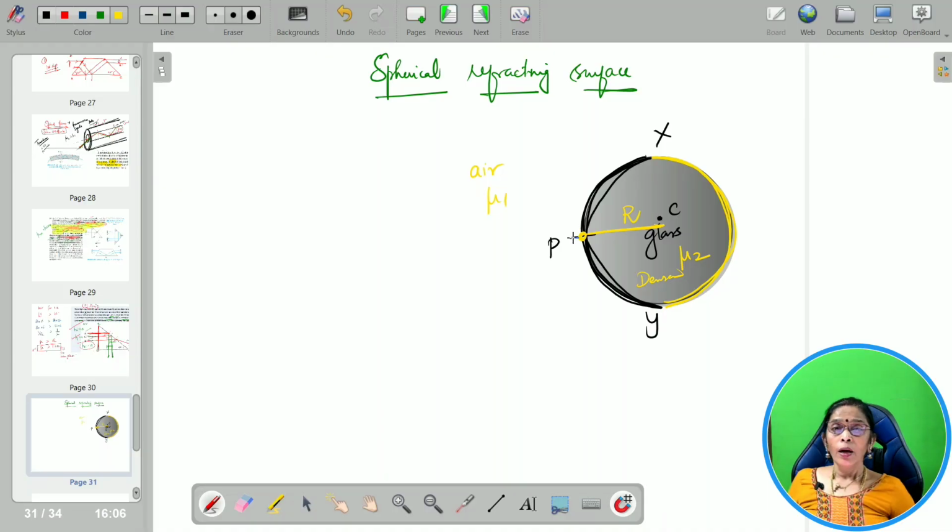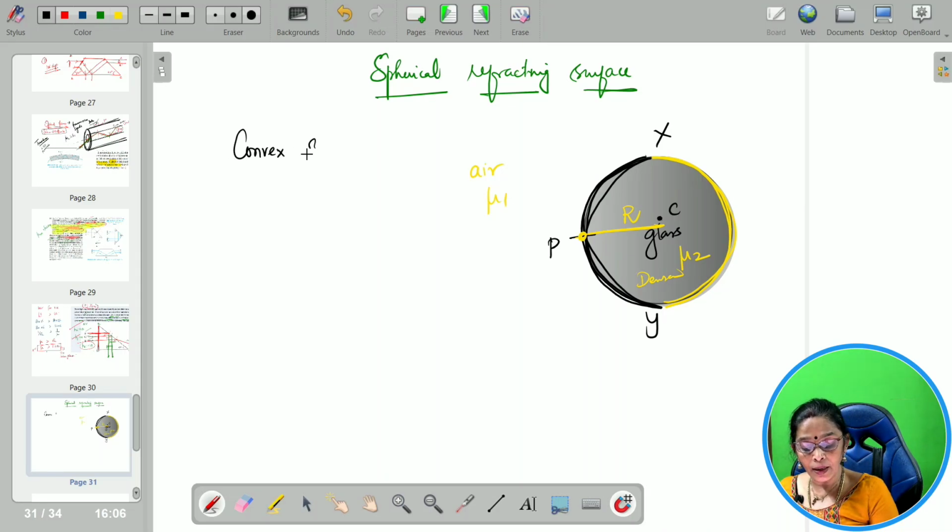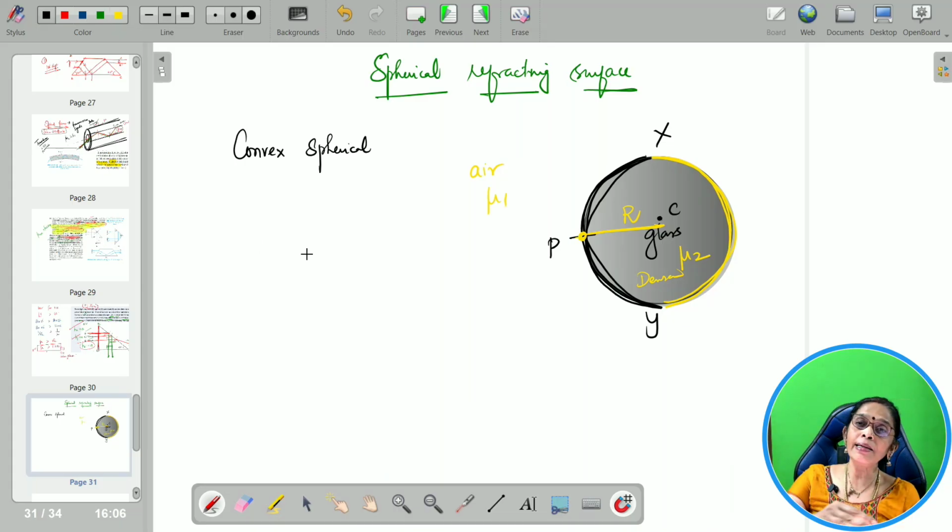According to the CBSE NCERT syllabus, we have a derivation only based on the convex spherical refracting surface, whereas for other cases, by knowing this convex SRS, you can apply the sign convention, and the rest of the diagrams you can draw, or equations you can write.